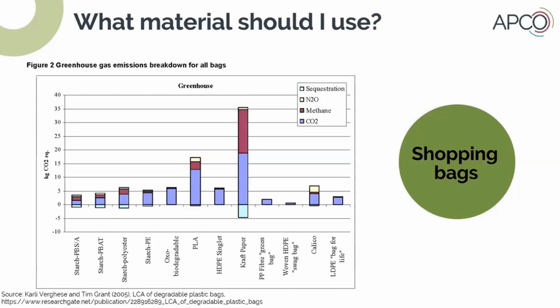But in terms of behaviour, if you reduce that number from 52 to 10, the result would be quite different. And at the time, every retailer was giving away reusable bags, and they were all piling up in our cupboards. So it's really being careful about the design and the behavioural aspects as well. At that time, this was used by a retailer to decide which way they were going, and they decided to focus on reusables.